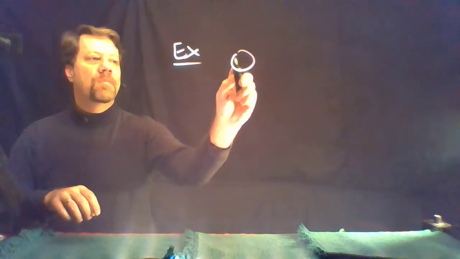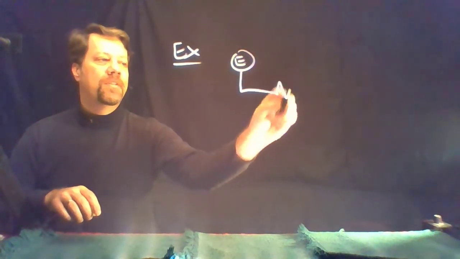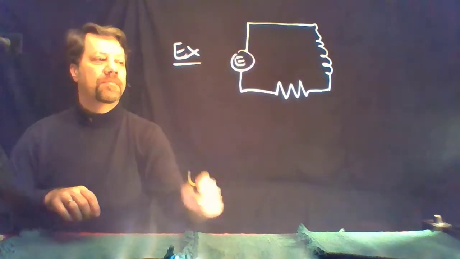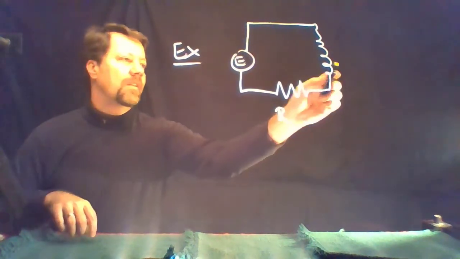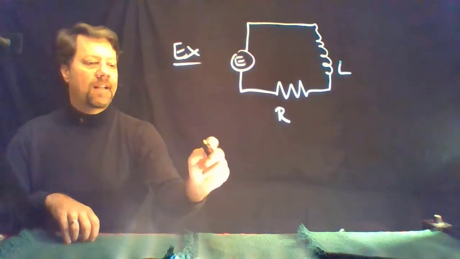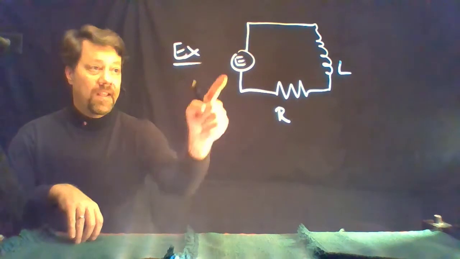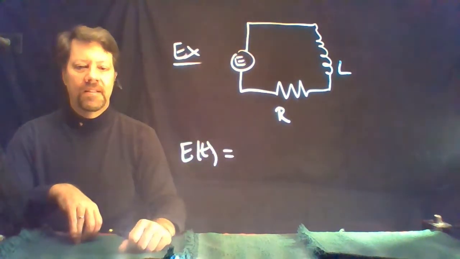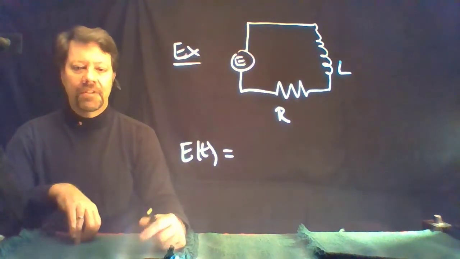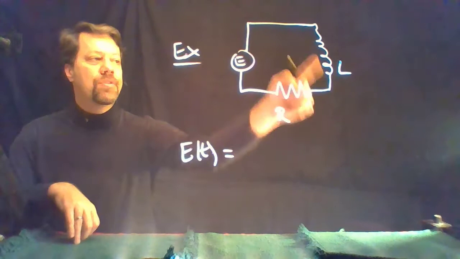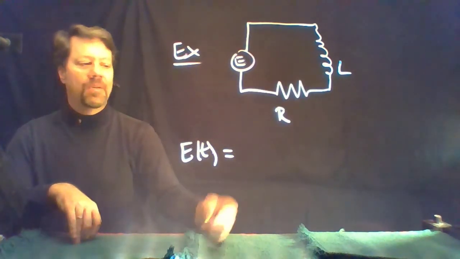Let's model. Suppose we have some electromotive force applied to a resistor and then an inductor. The resistance and inductance are denoted by R and L. The electromotive force can be any function at all. That's the amount of voltage applied to the circuit. That has to equal the voltage drops across the various components.